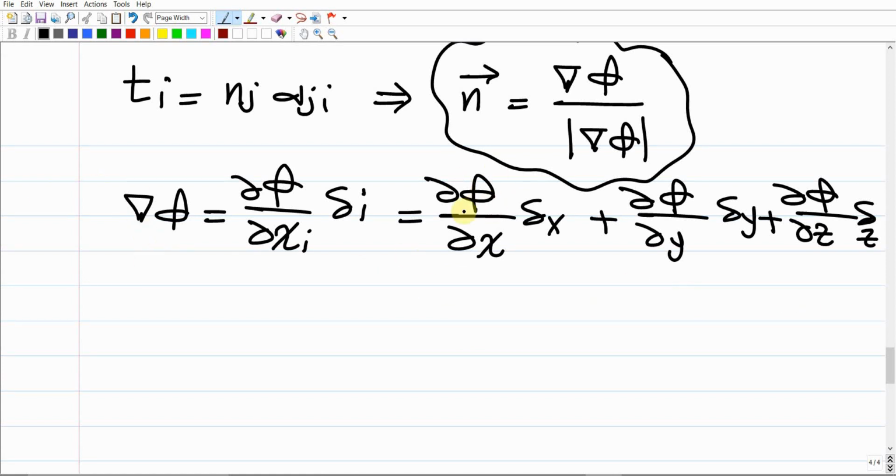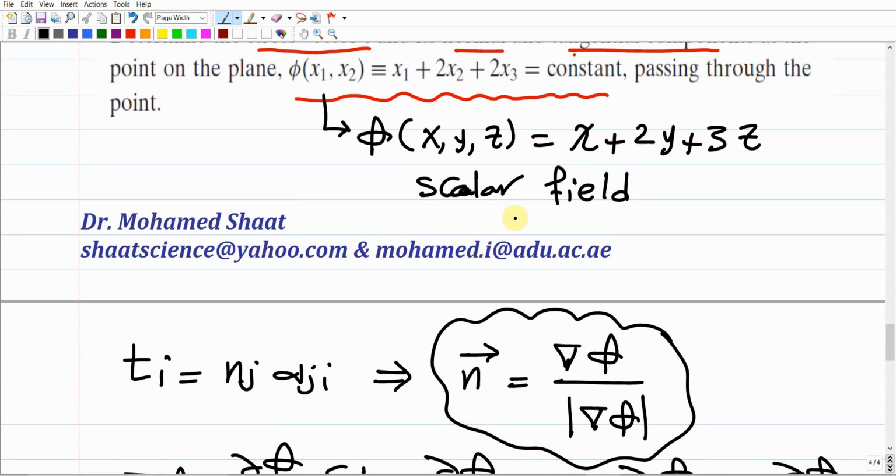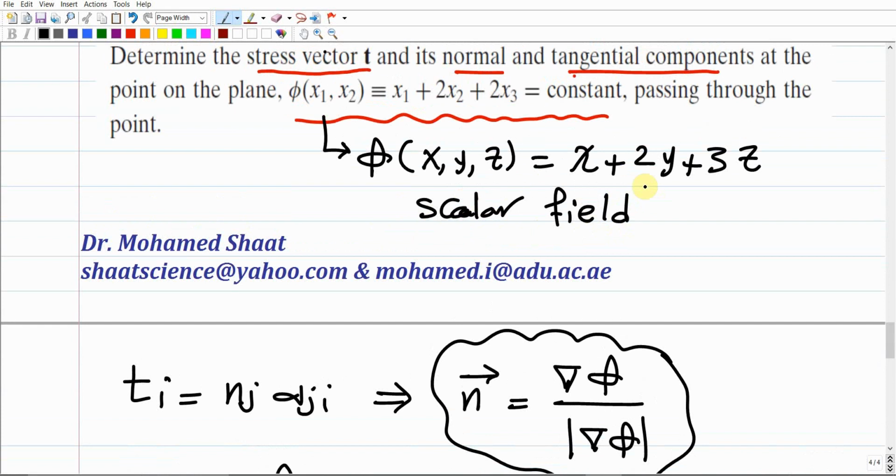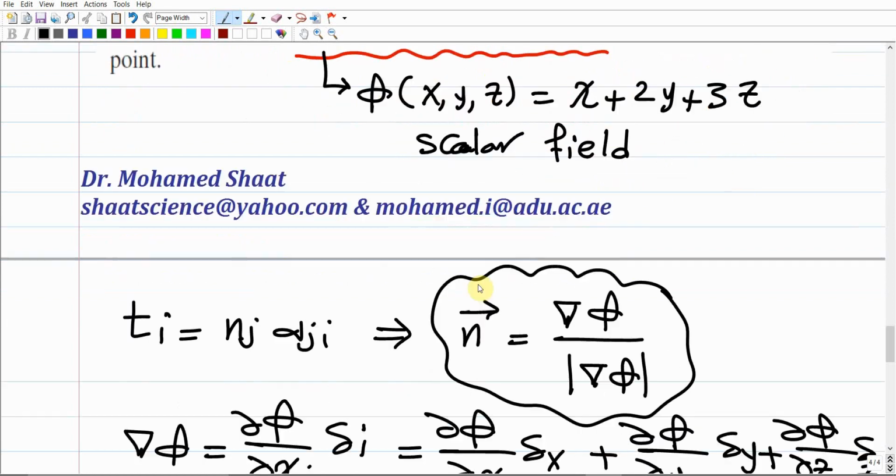So your objective is just to find the partial derivative of phi with respect to x, y, and z from this given scalar equation. So phi is given as x plus 2y plus 3z. If I ask you to find the derivative of this with respect to x, this term will be 0, this term will be 0, and we're just going to end up with 1.